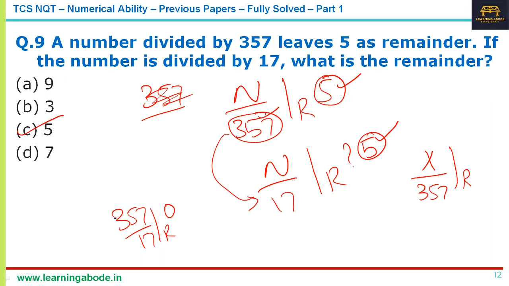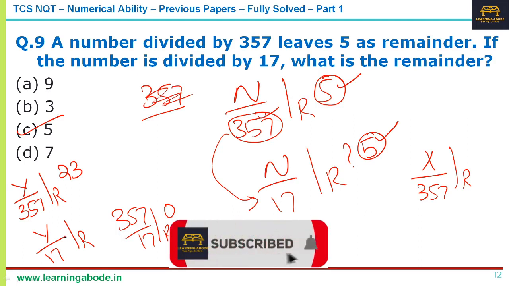See, usually how the question is asked is, for example, they'll give you a number y, you are dividing by 357, and let's say the remainder is 23. Now they'll ask what will be the remainder when you divide this number by 17.